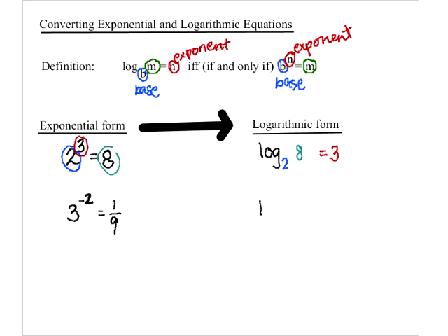It's just going to be log, and the base is 3, so that's going to be the base of my log. Okay, the exponent is always what the log equals, so that's going to equal negative 2, and the third number is the 1/9, and that goes right here.